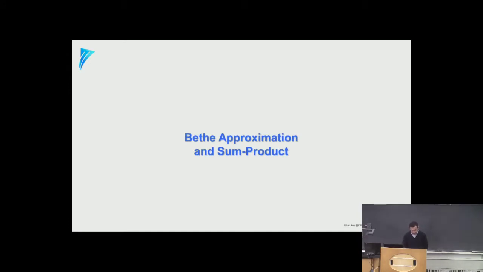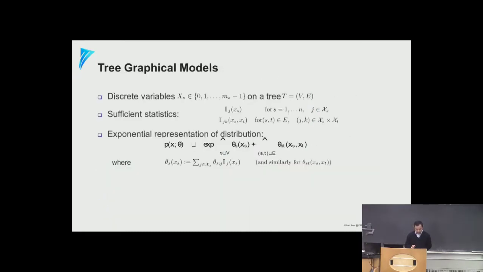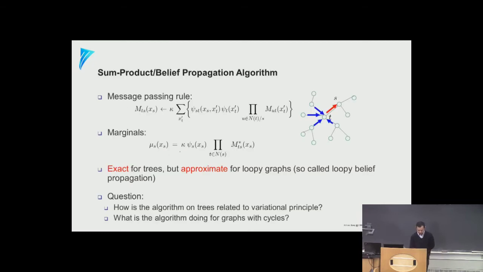Likewise, let me say just a few words about the Bethe sum-product method, loopy propagation, before we move on to the new topic today. So just a recap. This is the sum-product algorithm. The key equation here is that we have a message passing protocol, and we've done a lot of derivation already last time. It corresponds to minimizing what we call the Bethe free energy, right?